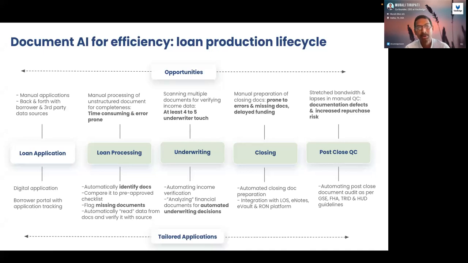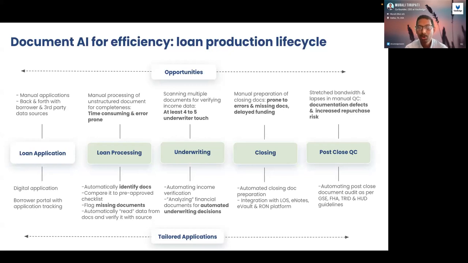Today, for example, Voltage integrates out of the box with Encompass to automatically pick up documents that are coming in there, apply AI on them, identify the documents, and then push them back into the LOS system. I think that is very, very important, right?